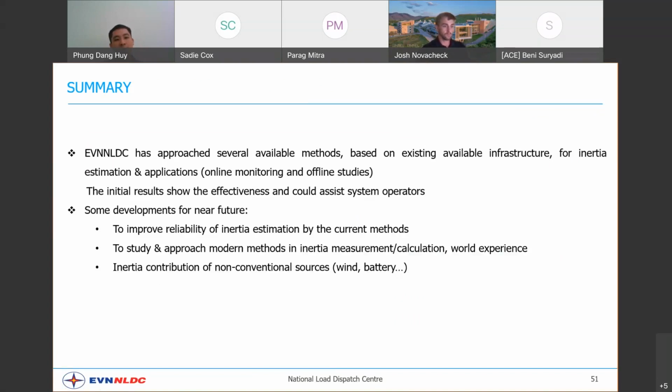Some of the developments will be to improve the reliability of the estimation and to study and approach modern methods like Mr. Parag Mishra introduced in the previous session. We would also like to learn from good experience in this topic, and we will study the initial contribution of non-conventional sources like wind and battery.